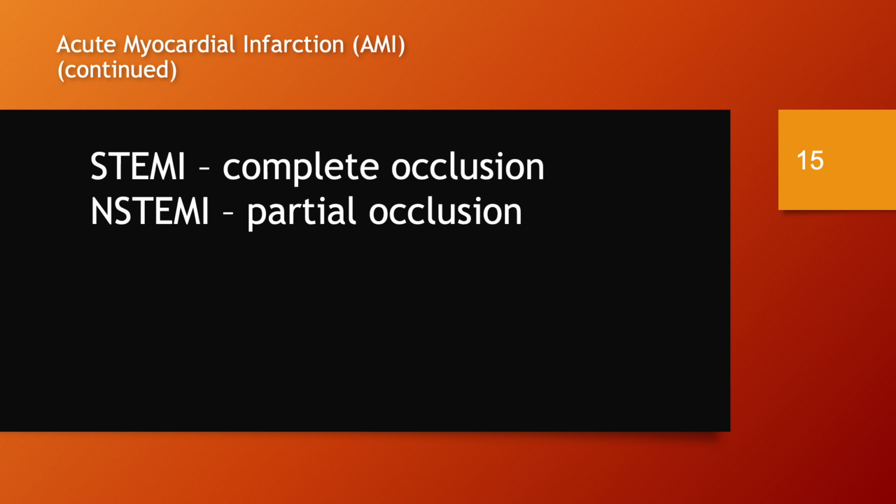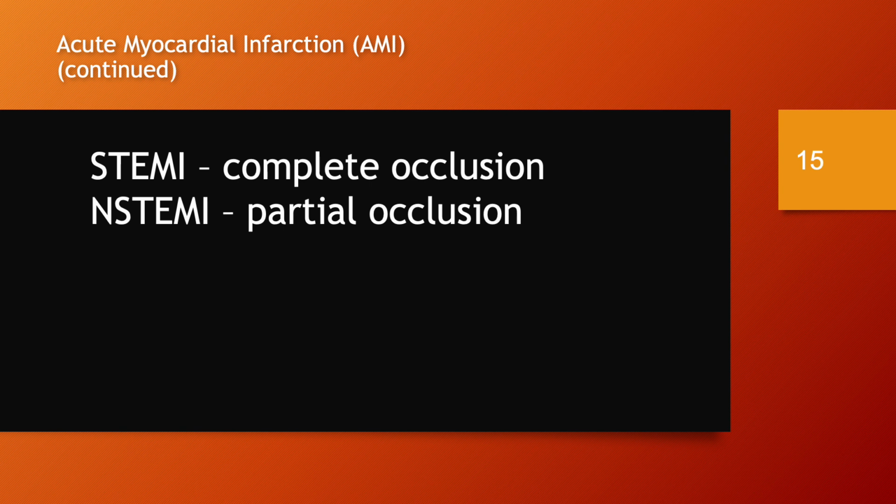Acute myocardial infarction will show on the EKG. You can tell if somebody is having a heart attack by looking at the ST elevation. If the ST is elevated, then they have a heart attack. If it's not elevated but inverted, then they have an ischemia.